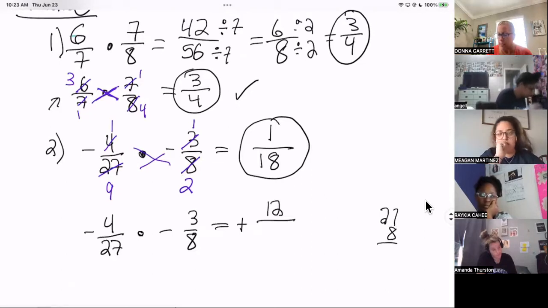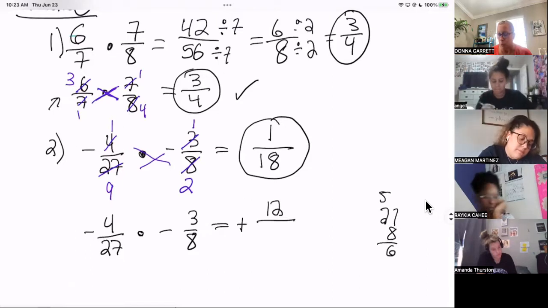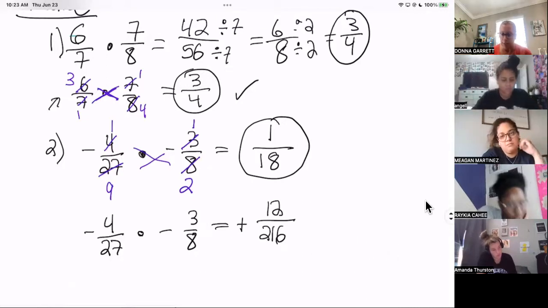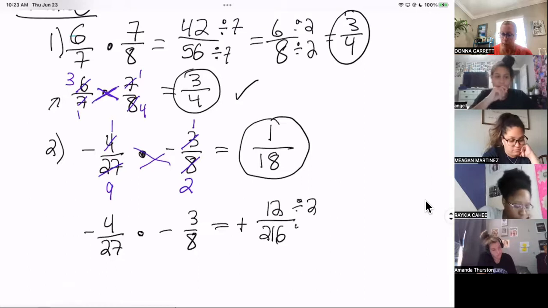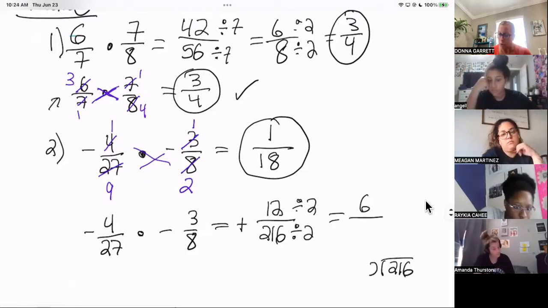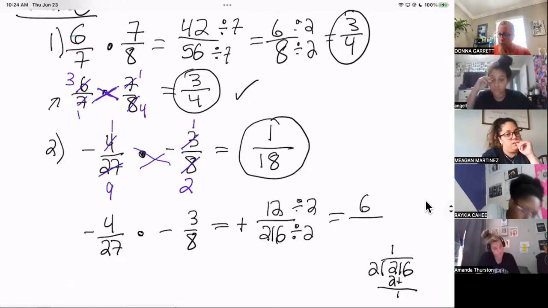Let's see. 8 times 7 is 56. 8 times 2 is 16 plus 5 is 21. And then you would have to simplify it a little bit. So maybe I might divide by 2 first, because I'm not quite sure what they're divisible by. 216 divided by 2 is 108.